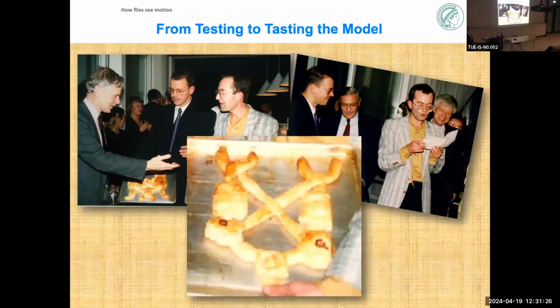Anyway, after accumulating so much experimental evidence that this model describes so well the process going on between the fly photoreceptors and the lobula plate tangential cells, the natural question was, which neurons do this computation that is defined by this model?